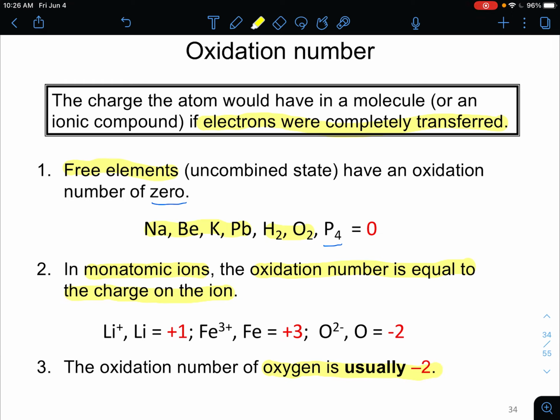And that's generally how this is going to work: using those 6 rules above, we'll be able to assign oxidation numbers to all but one species in our molecule, and then we'll just solve for the missing one. So that's what we did here by assigning -2 and +1 to oxygen and hydrogen respectively: 1 plus carbon plus 3 times -2 equals -1.